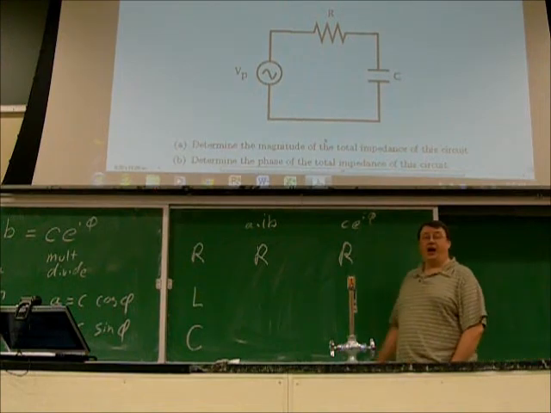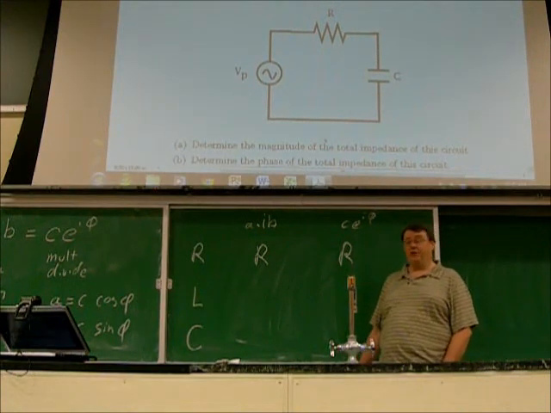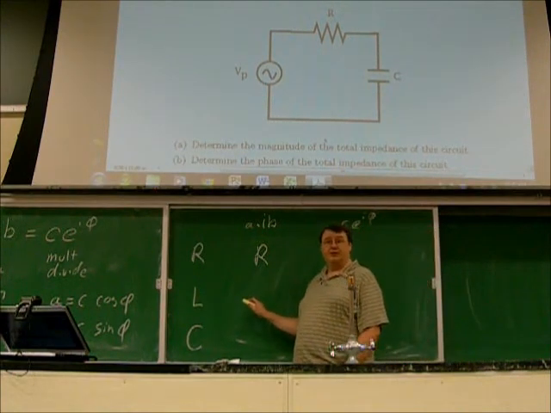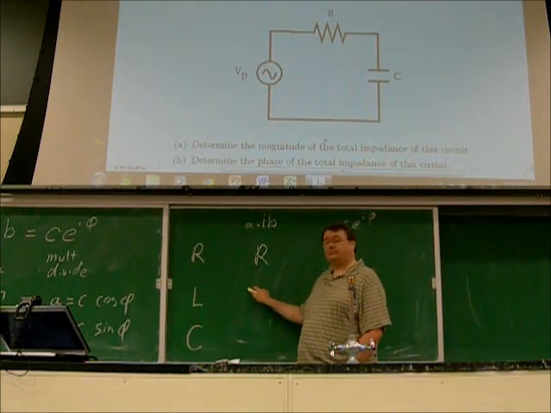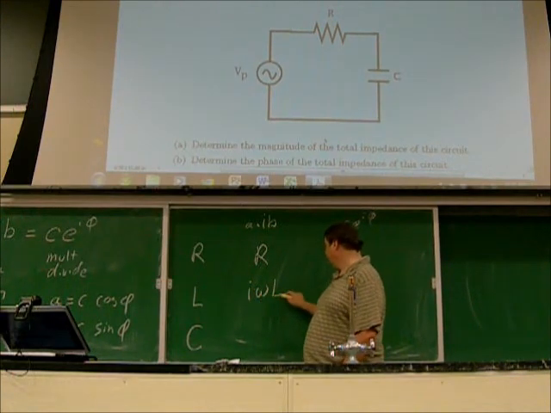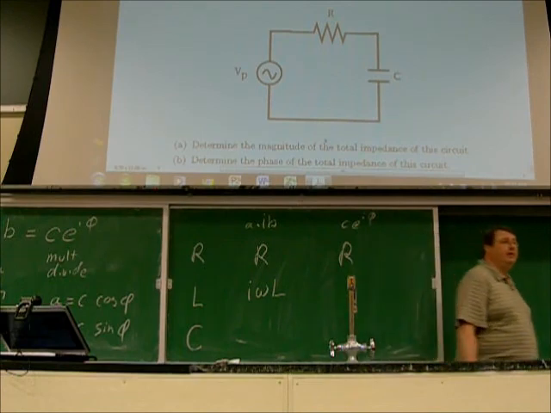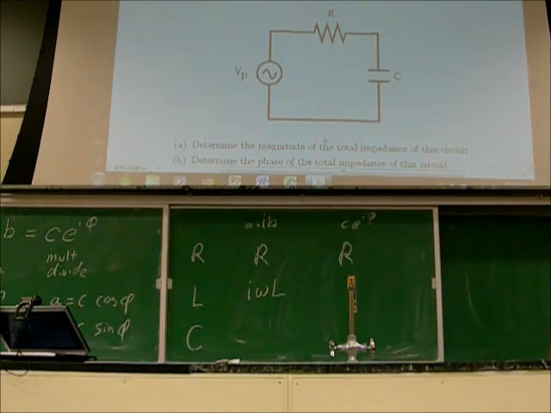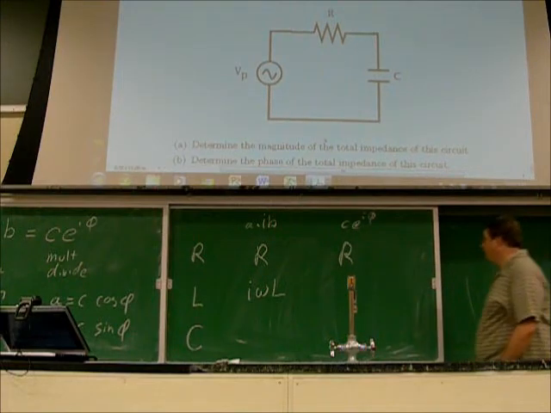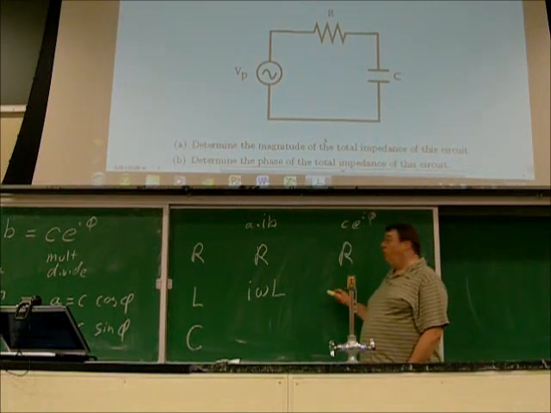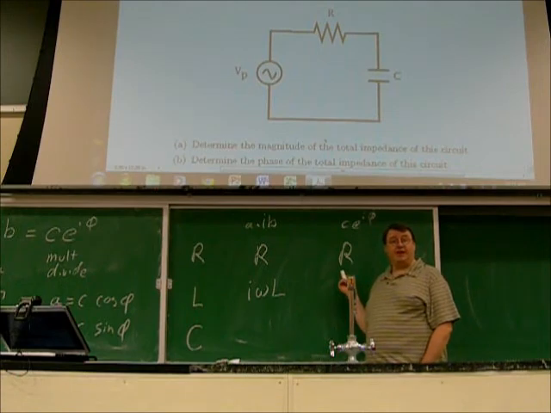Suppose I express an inductor in a plus ib format. What do I get for its impedance? I omega L. Okay? That's an amount of omega L purely in the plus i direction. What do I do if I express this in c e to the i phi format?